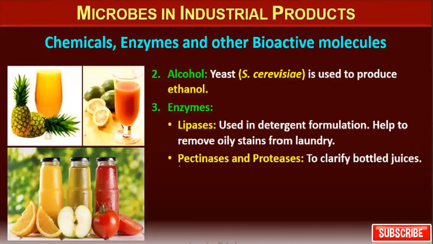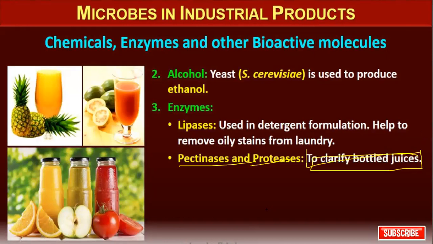Second one, you have pectinases and proteases which are used to clarify the bottled juices. You might have seen whenever you make a fruit juice at your home and the fruit juice that you get from a shop, these two differ very greatly. Am I right? Give me hearts on the screen then.